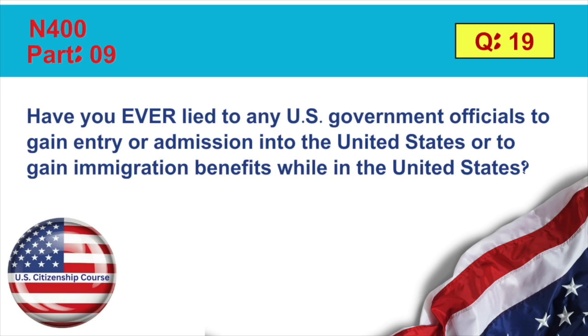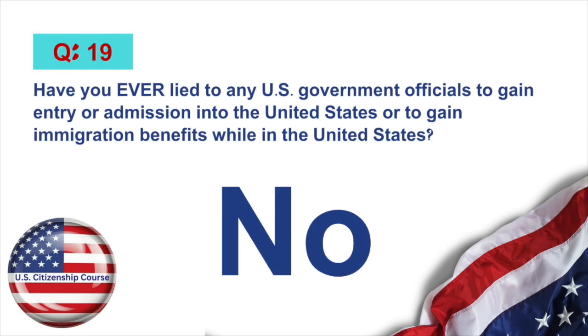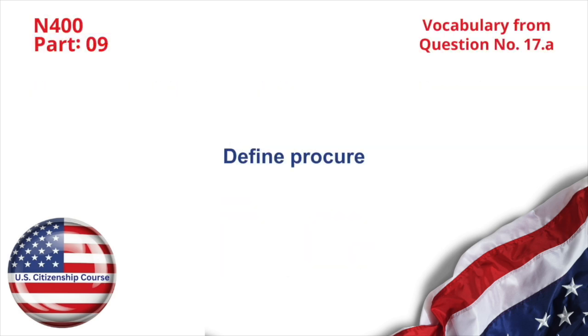Have you ever lied to any U.S. government officials to gain entry or admission into the United States, or to gain immigration benefits while in the United States? No. Define procure.